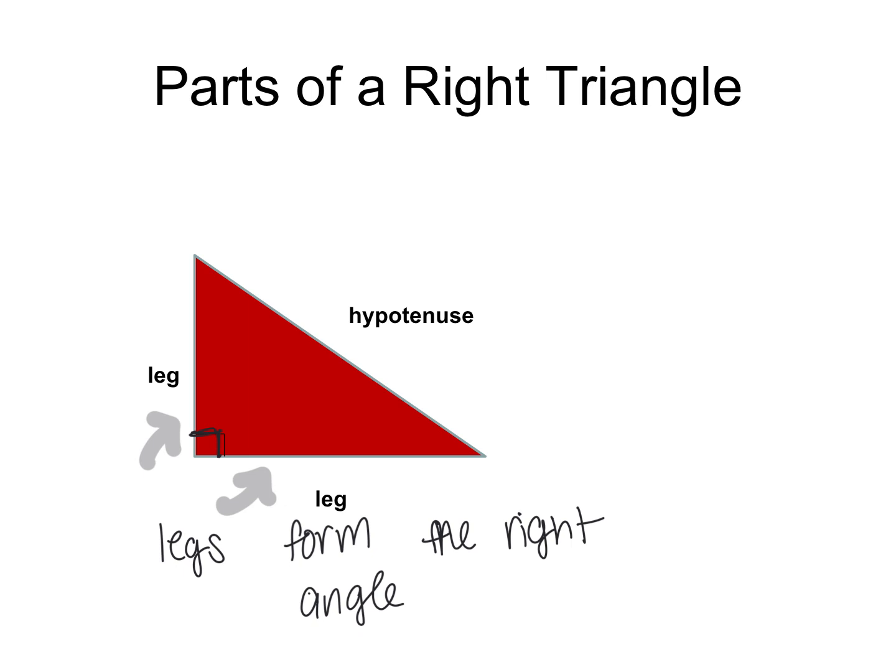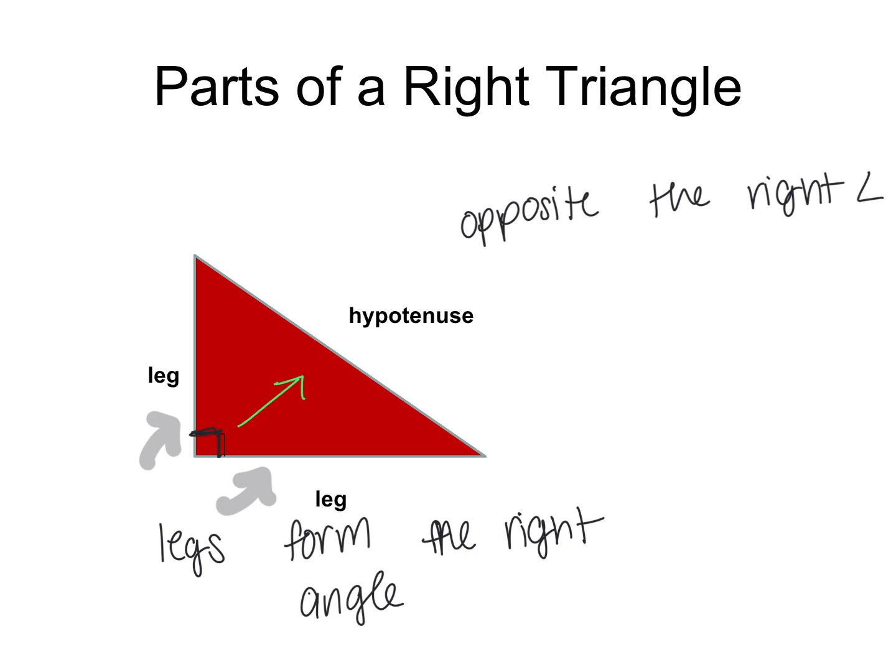You have to know what hypotenuse is. This is considered the opposite side. This is opposite the right angle. Okay, you have to know what opposite is. If you don't know what opposite is, just draw your arrows.